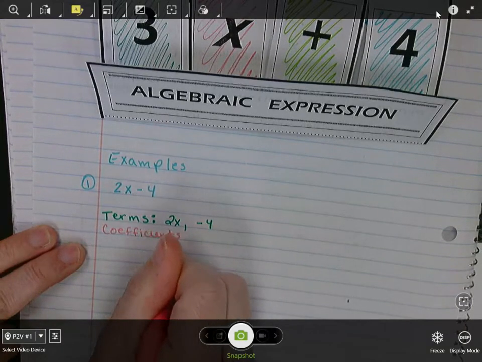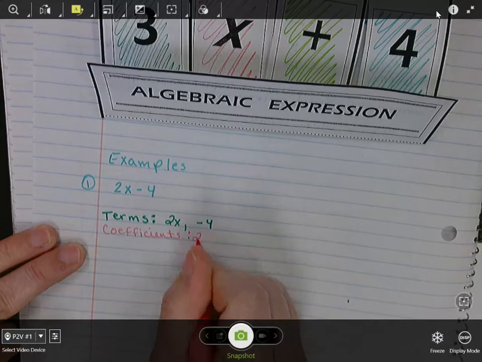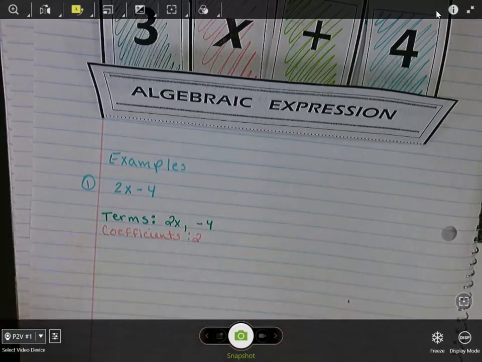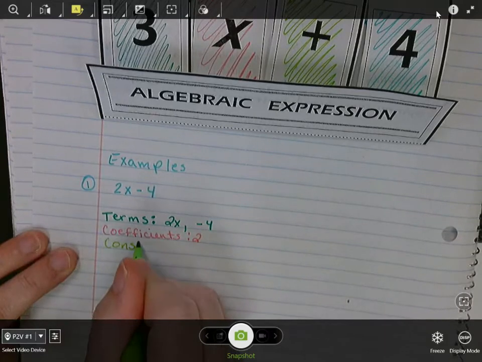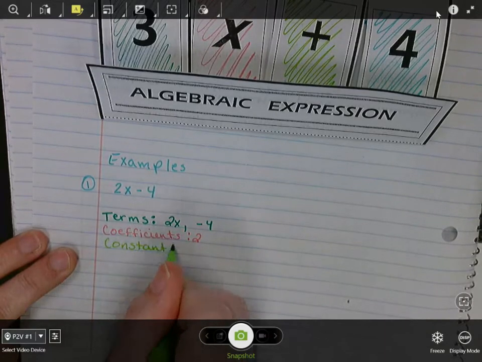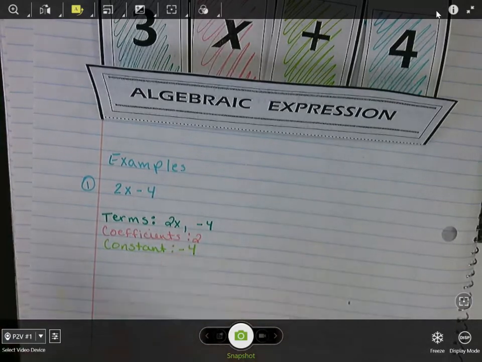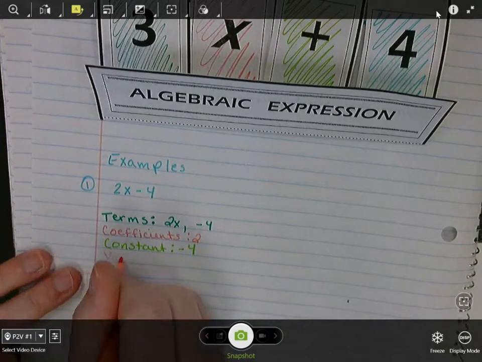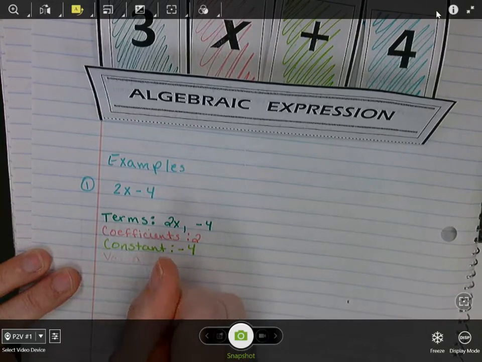Okay. So in this example, your coefficient would be 2, because it's the one being multiplied by the variable. And your constant, that's the number by itself. Your constant is negative 4. Okay, and x is a variable. So the variable would be x.